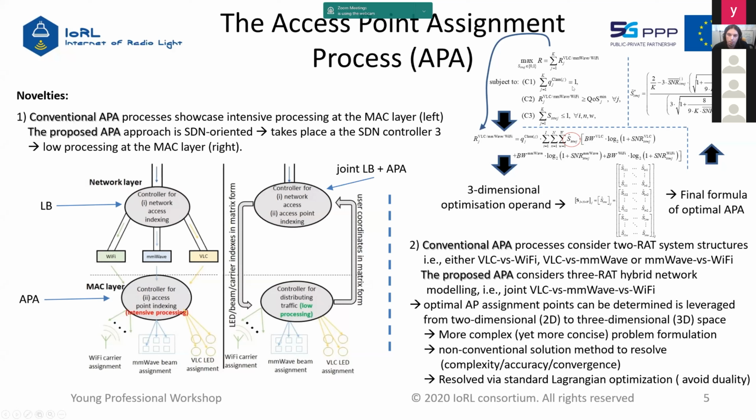So this is flexible to even consider that not only 1 user is assigned to 1 access point, but more users can be assigned to 1 access point, which we have addressed, and it also somewhat relaxes the solution of the problem.